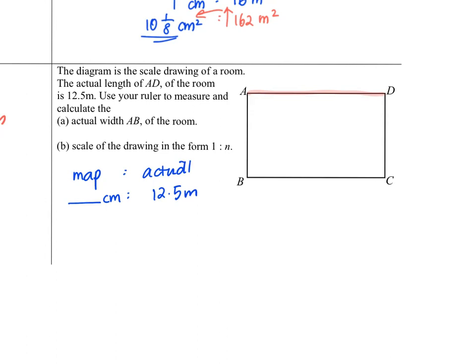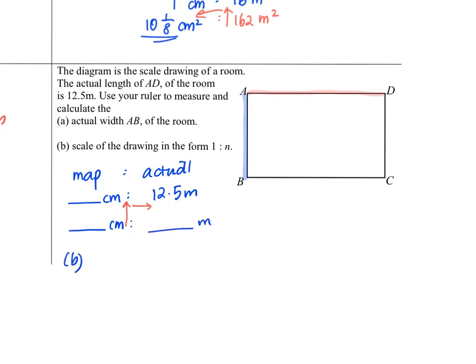They asked me to find the actual width of the room. So now what you need to do is measure the width with your ruler. Then you find this number of cm is to how many meters. So we use the working to find the answer in terms of meters.